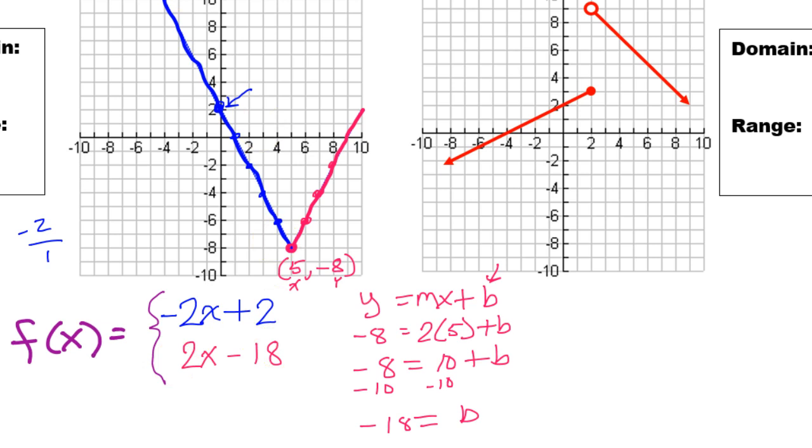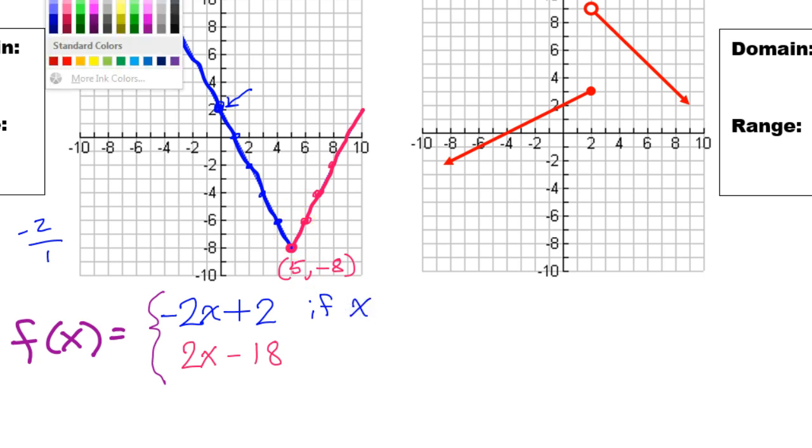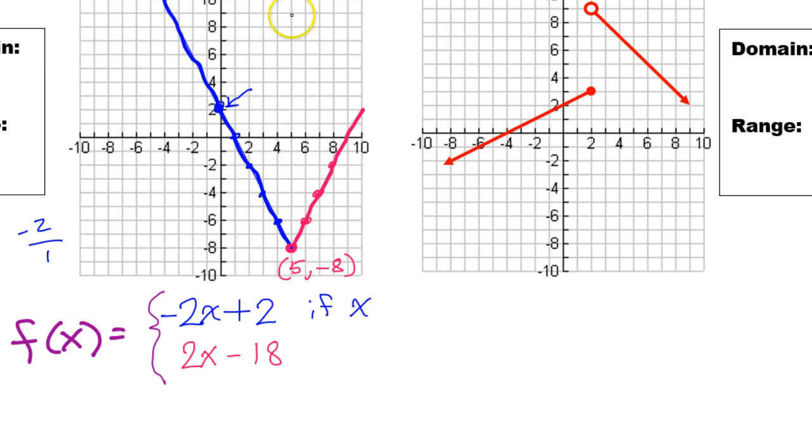All right, so if you can't just see where the line crosses the y-axis easily, then just substitute your vertex into y equals mx plus b, and you can find the b that way. So now we need the domain restrictions. Now consider the axis of symmetry, which is right here.